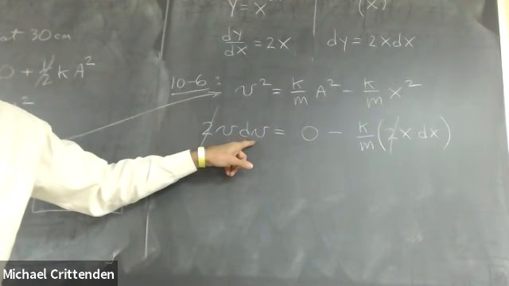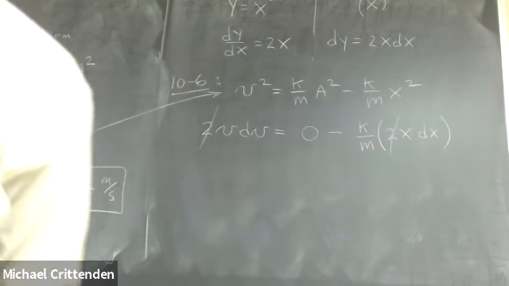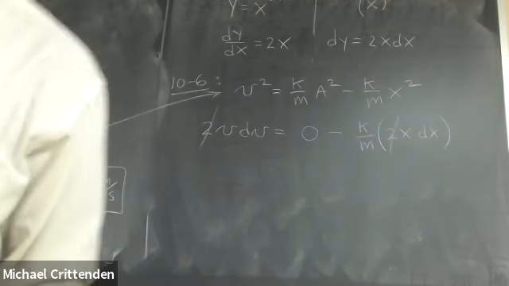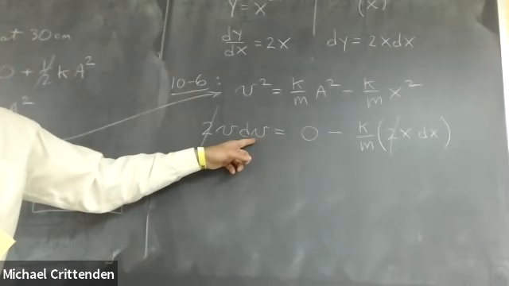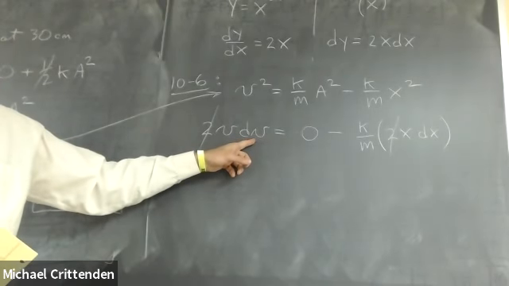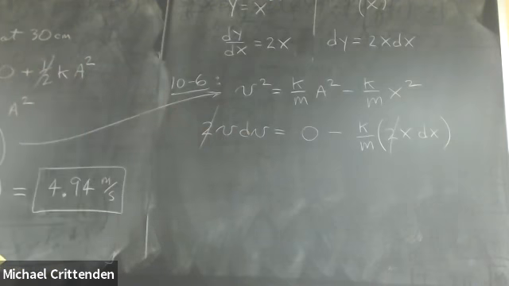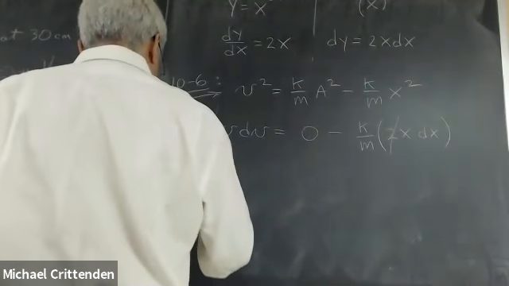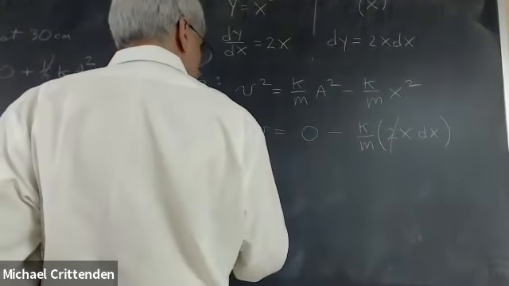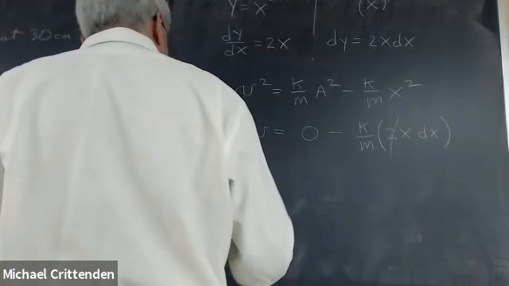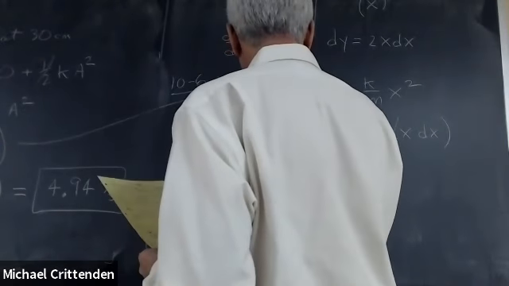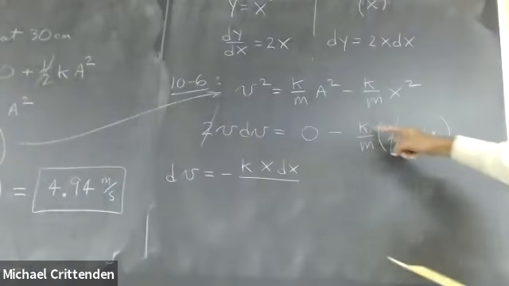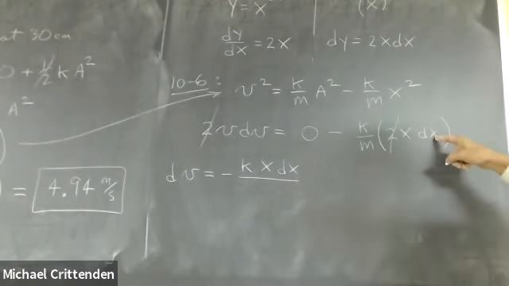dv is the thing I'm looking for this time. The question says, how much does the speed change? Okay, the difference between the initial and final speed, dv. So that's what I want to solve it for. dv equals minus kx dx on top.